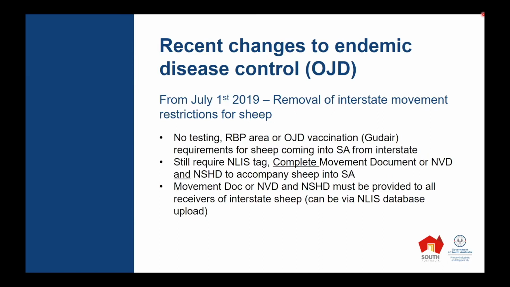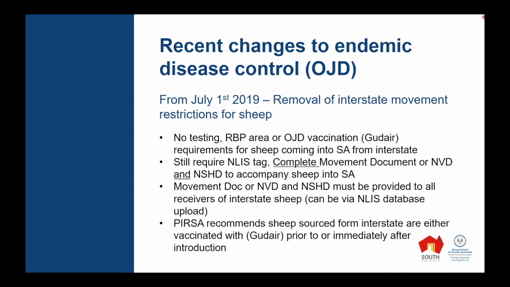One thing to be wary of is that South Australia is still the only state that has a compulsory sheep health declaration for all movements. So if you're buying interstate, you need to make sure the vendors are aware that it's a requirement, and they'll need to fill one out accurately and completely for the sheep coming in.